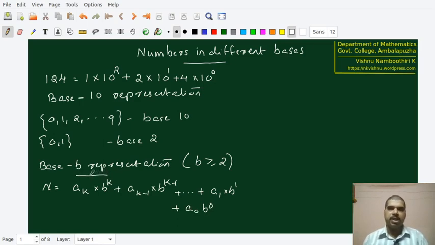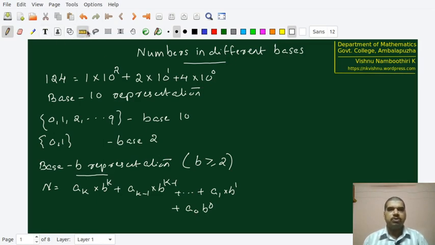Usually, when we use base 10, we say that this a_0 is coming in 1's place, a_1 is coming in 10's place, etc.